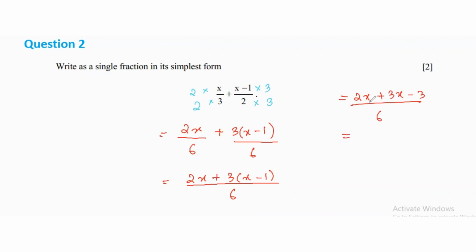Since 2x and 3x are like terms, you can combine the like terms and rewrite the numerator as 5x minus 3, and 6 remains as it is. Since nothing can be simplified because the numerator is completely different from the denominator, there's no common term, so 5x minus 3 over 6 is your final answer.